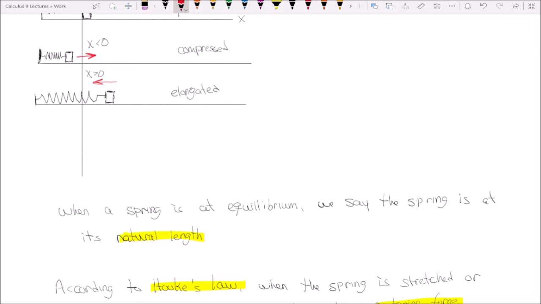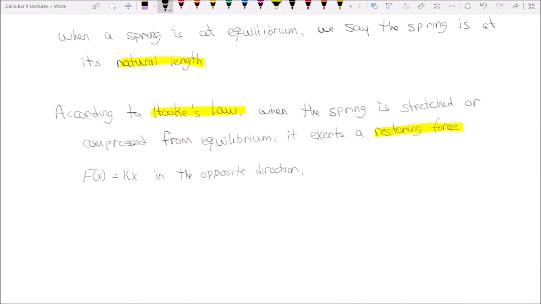When you're elongating it, the restoring force wants to compress it back to equilibrium. And here, k is the spring constant. The spring constant can only be found through experimentation, and each spring has its own unique constant.